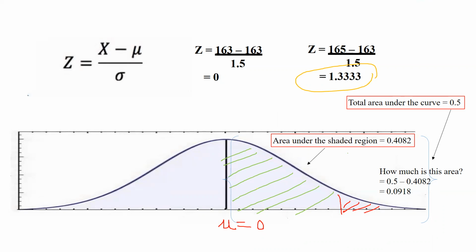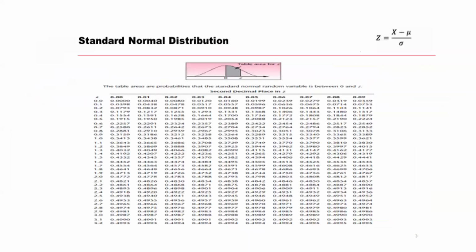You can see this entire area, reflecting that the total area under the curve is 0.5. But how are we going to get the area under the shaded region? I have to check this calculated value in the table.